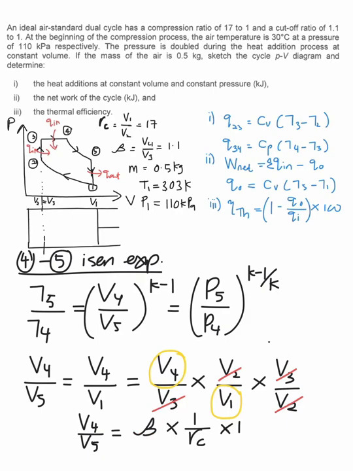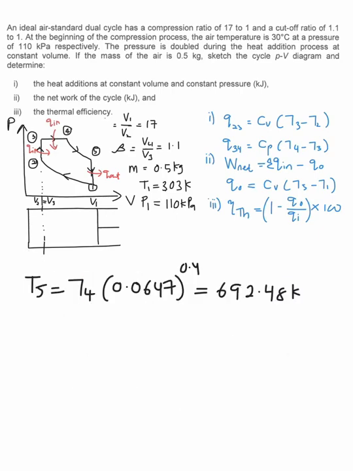Therefore, when you solve for this, you will get your V4 over V5. So you can make use of this V4 over V5 here. Make use of the isentropic relations and the ratio of V5 and V4 that you get, and plug into the equation, so you have your T5 equal to 692.48 Kelvin.